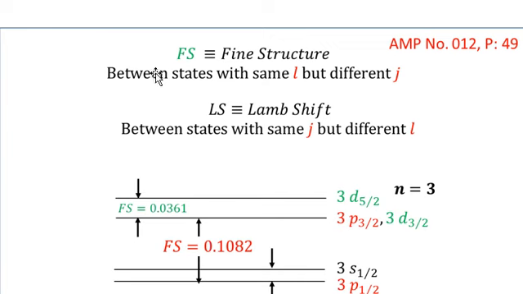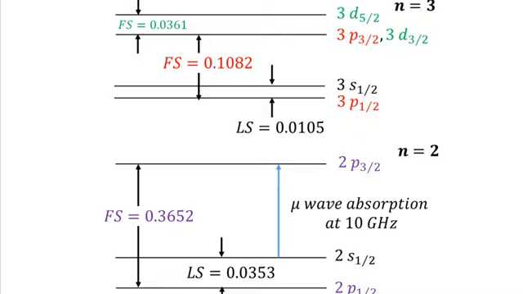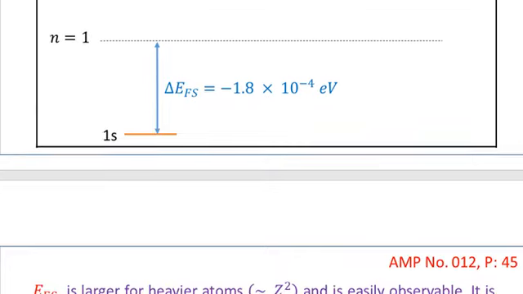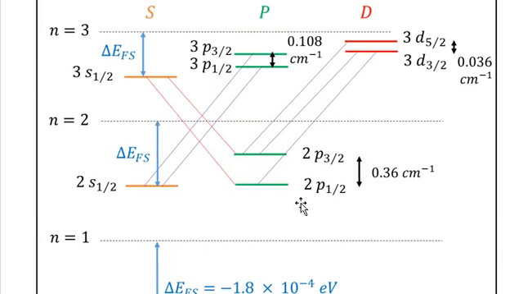So fine structure is represented by green FS between states with the same L but different J. In the fine structure we have energy splitting for terms having different J values. For example, notice this figure: J values 3/2 and 1/2, different J values, will have different energy.